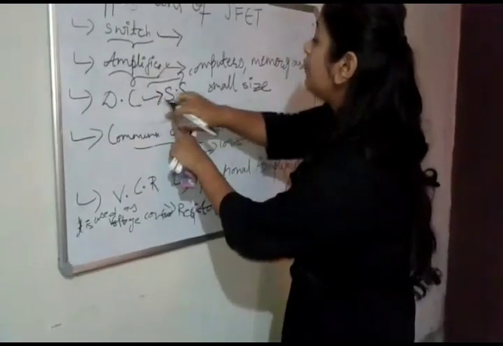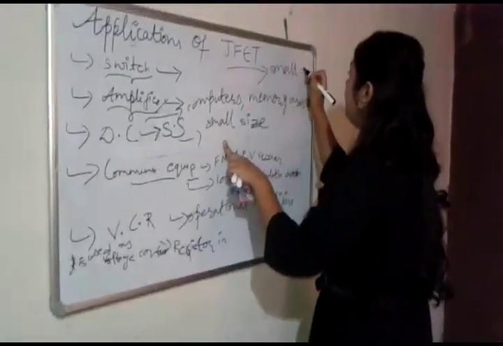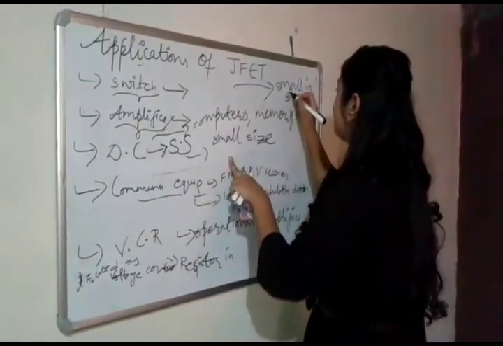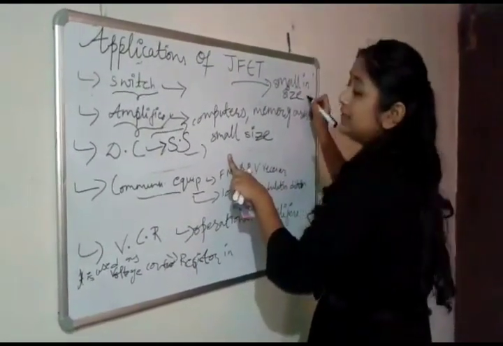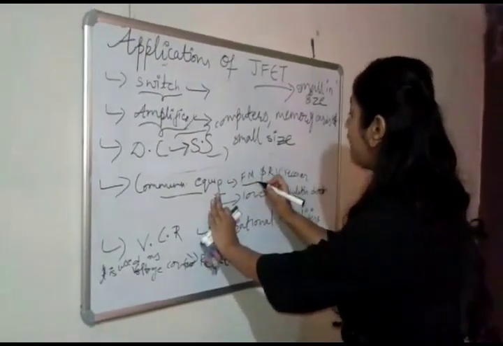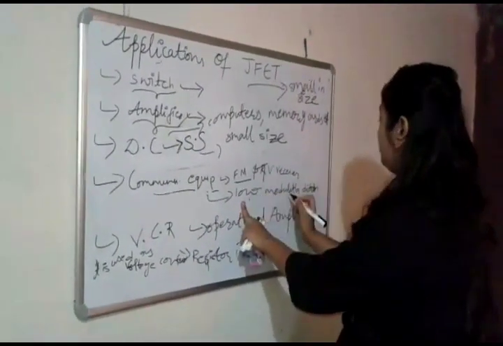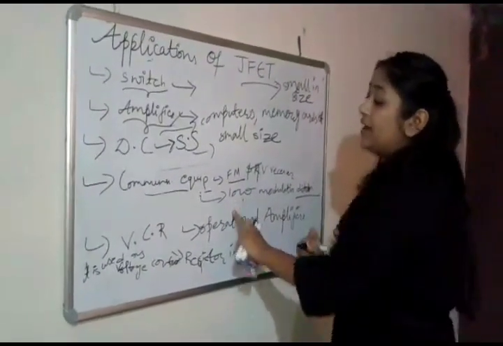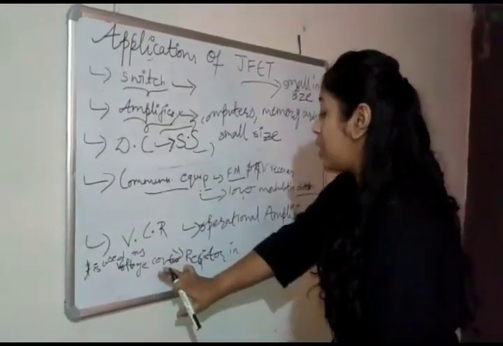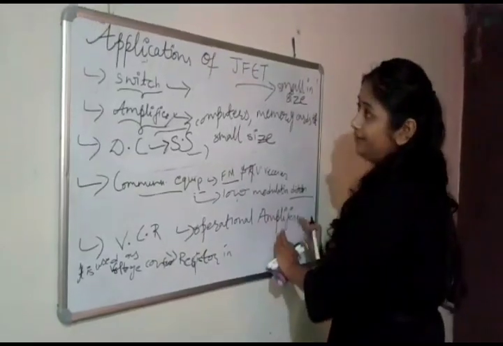It is used in communications equipment such as FM and TV receivers because of its low modulation distortion. It is used as voltage controlled resistors in operational amplifiers.